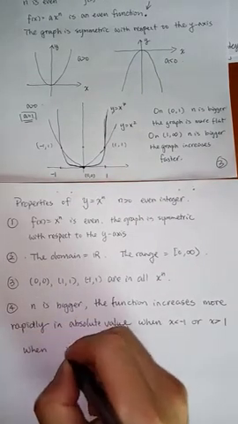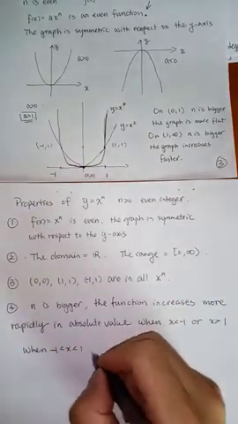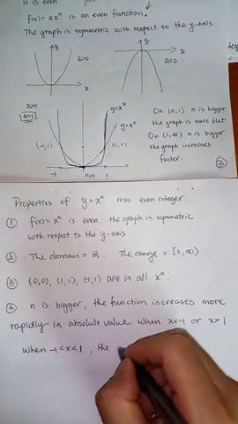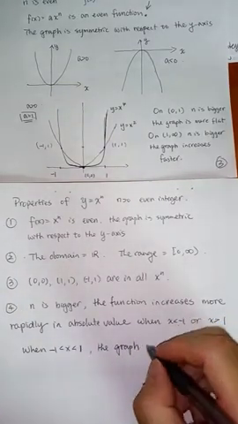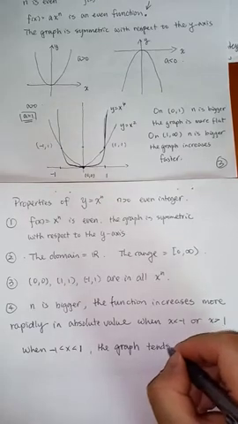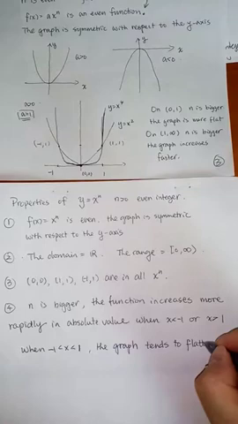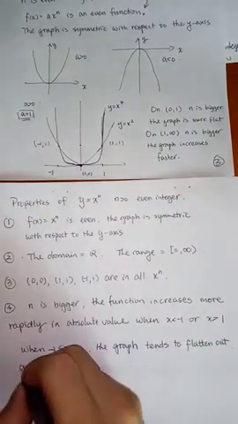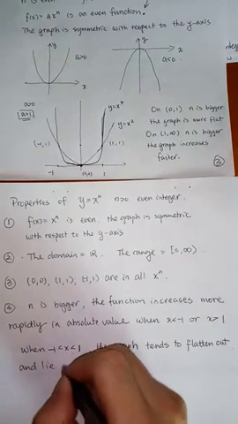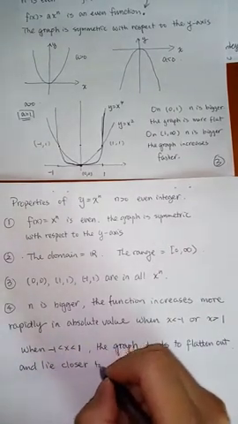And when x is between negative 1 and positive 1, in the middle part, the graph tends to flatten out and lie closer to the x-axis.